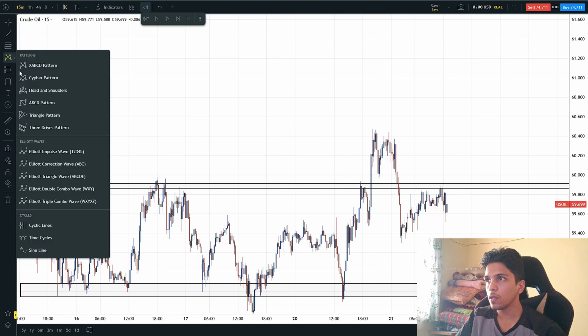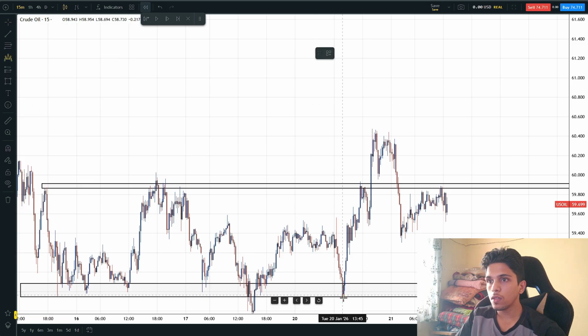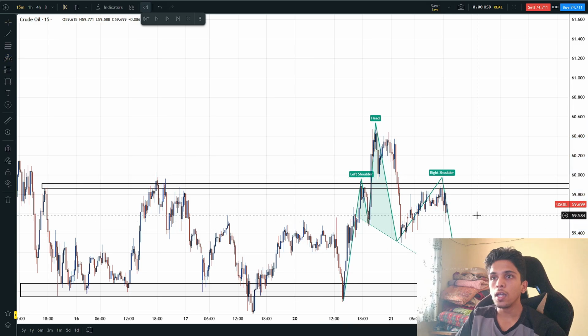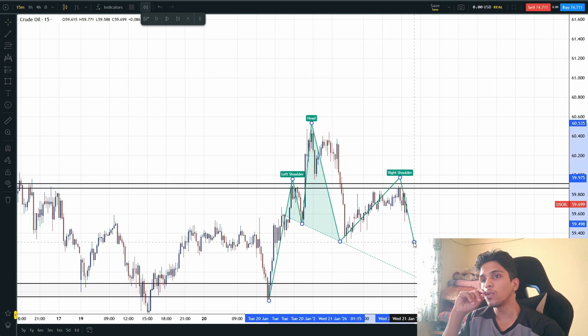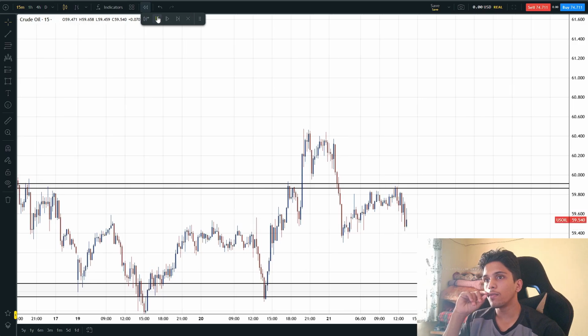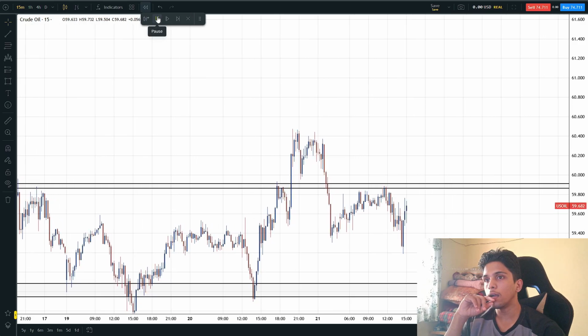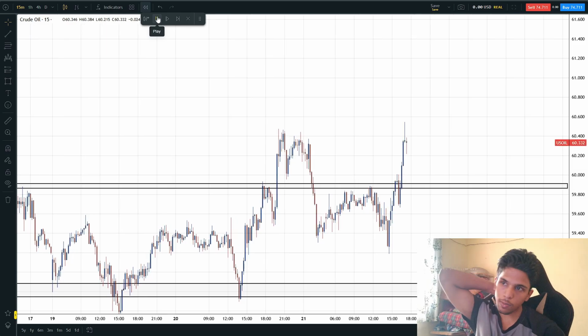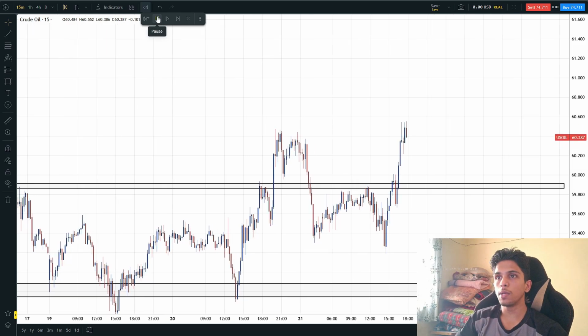As you can see here, I am saying left side head, left side shoulder. Here also looks like a head and shoulder type of pattern. So we are waiting for what the market will do. The head and shoulder has broken down, and there is no head and shoulder remaining now.